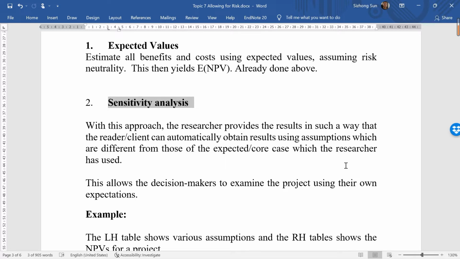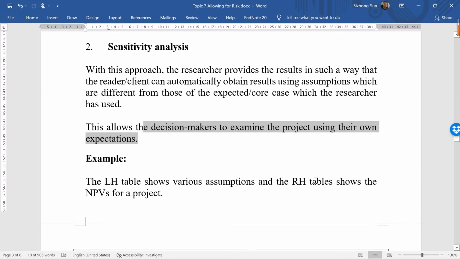And the good thing about this is that it allows the decision makers to examine the project using their own expectations. Okay, let's look at an example.